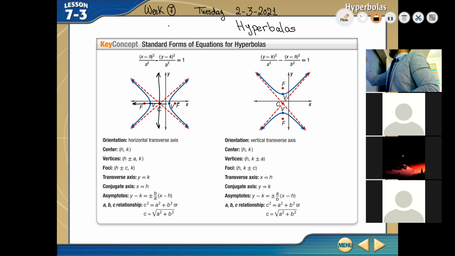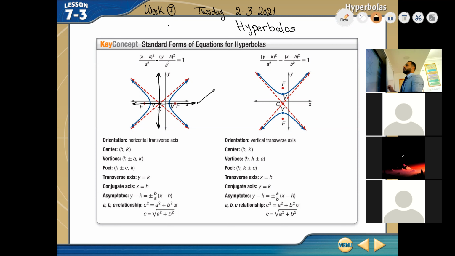So we have now, like x and y, we shift them according to h and k, and you know that h is for x and k is for y. So you have here a horizontal transverse axis.